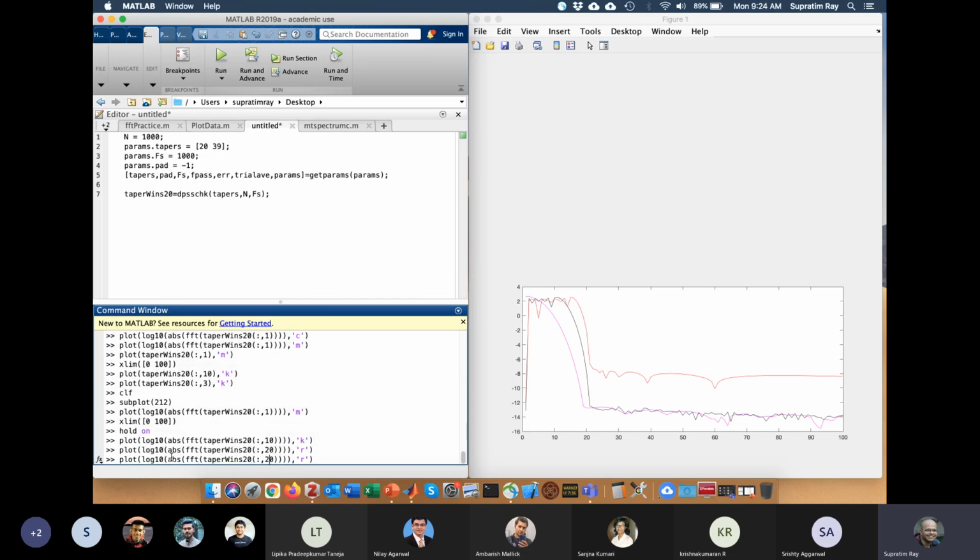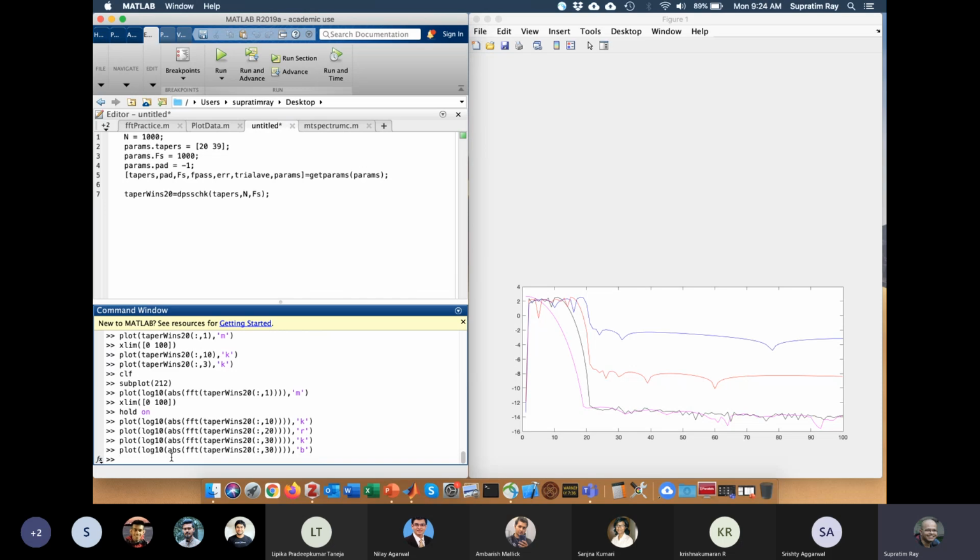And it gets worse and worse the higher up you go. So as your taper number increases, you can see that the side lobes are getting bigger and bigger. So eventually this taper will not have much spectral concentration, only limited to 20 hertz. It's going to be everywhere. So then it's not a useful taper for us.